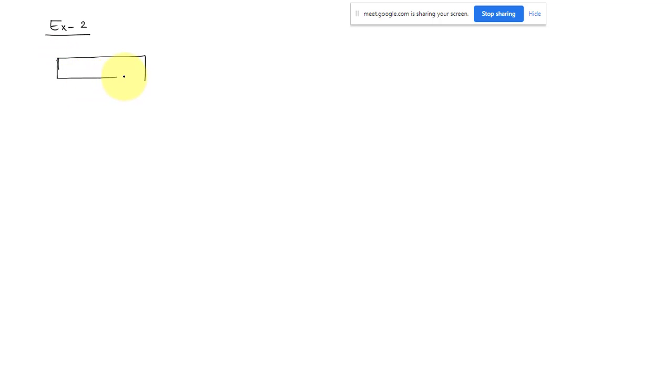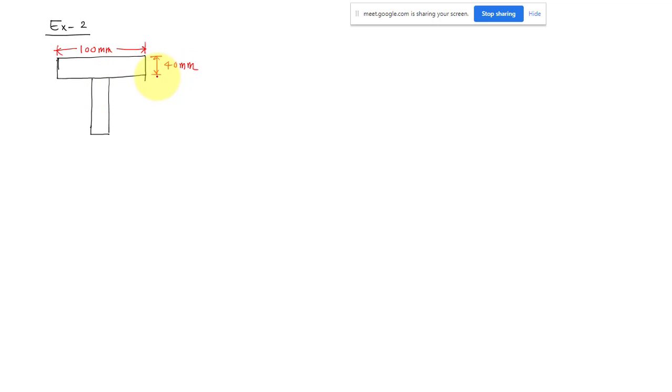So this is my flange, and let us say this is my web. Let us say the flange width, this time I don't want to keep both the same, I want to keep it different. So let us say this is 1000 millimeter, and this is 40.